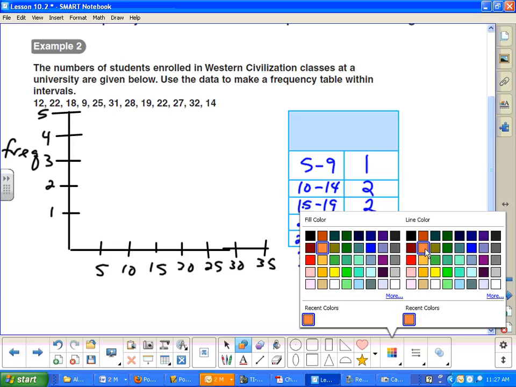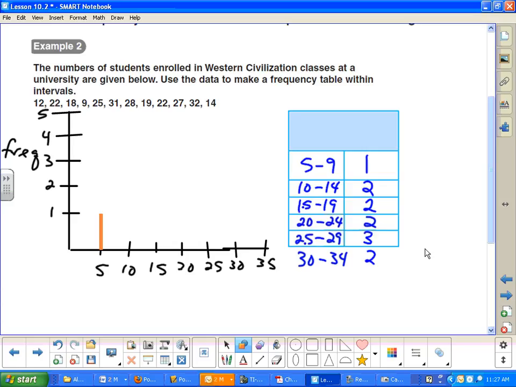So we make our histogram from 5 to 9, we went up 1. So I go up here and over, and we stop just before we get to that next one. So it goes to 5 to 9, it doesn't go all the way to 10, right? And then from 10 to 14 we have 2.